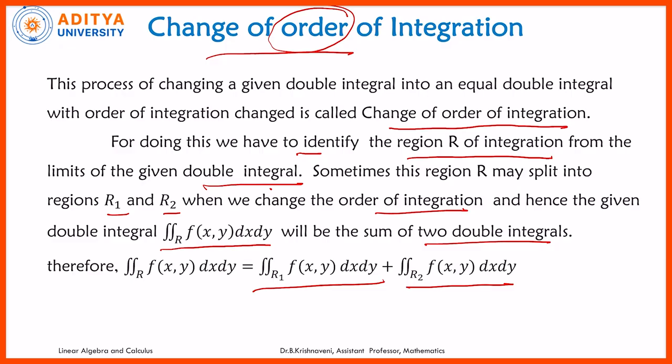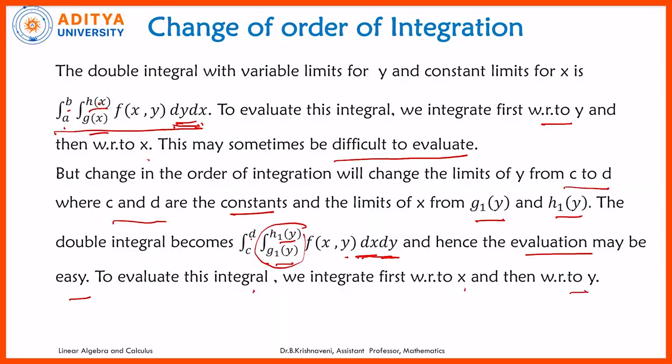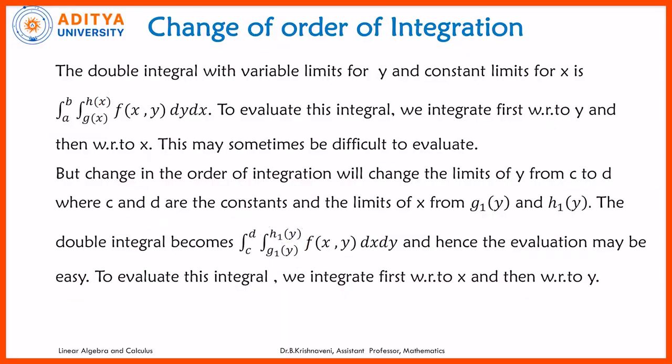Thereafter, we need to take the strip accordingly. I can explain this with the same example given here itself. Here the given order is dy dx.